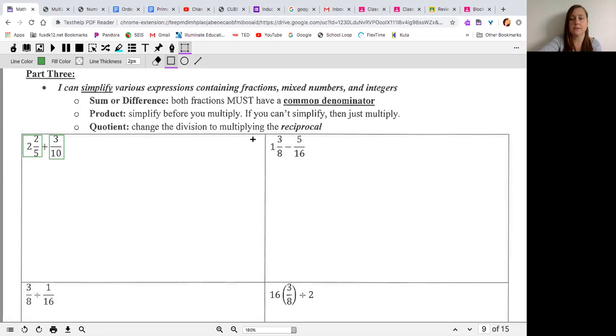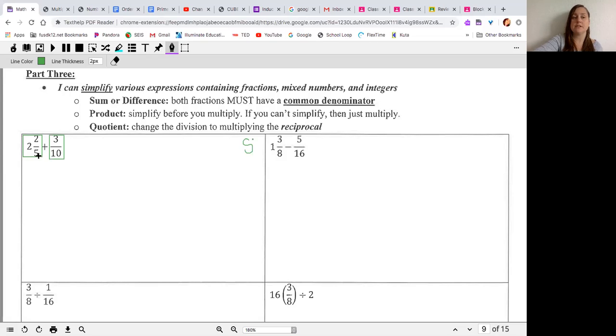Plus means sum. I'm going to write a sum in the upper right-hand corner to remind me that it is a sum. Okay, so I'm going to add these, but there's a mixed number and a fraction, and the denominators don't match. So I need to do some different things.